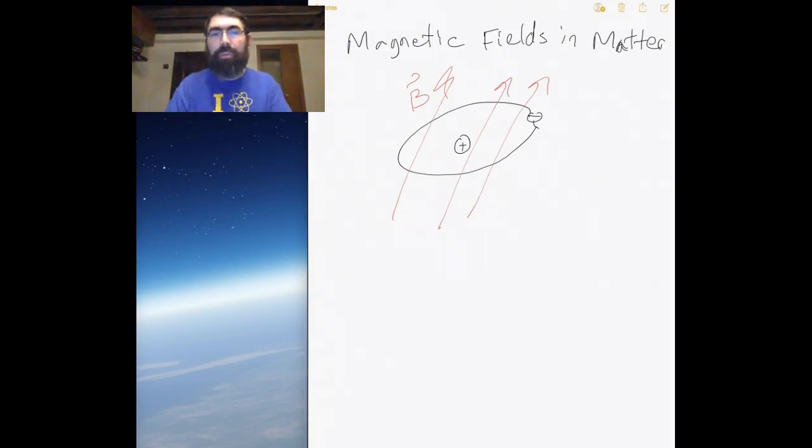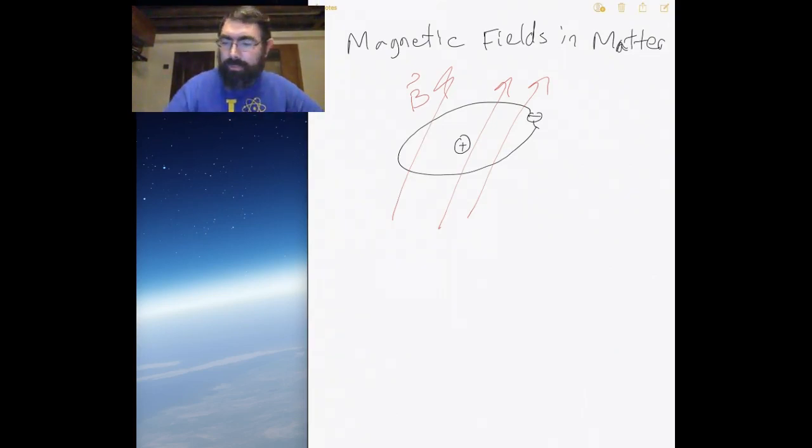And so there should be a force applied to it, and that force will try to tilt or align the orbit with the magnetic field. It turns out there are three types of alignment that you can get.